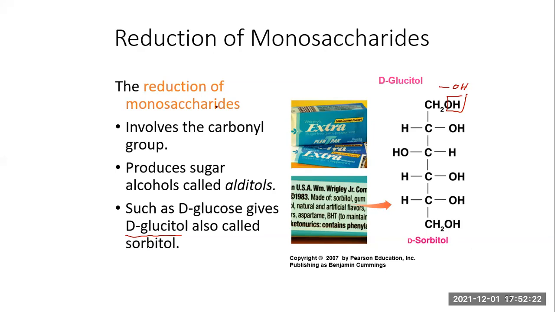And if you go backwards and do a reduction, you're going to add a hydrogen there, and a hydrogen there. What you end up with, like in organic chemistry, is your alcohol, your primary alcohol.